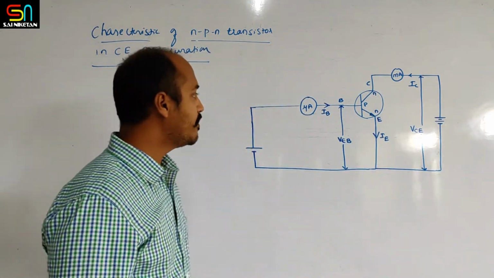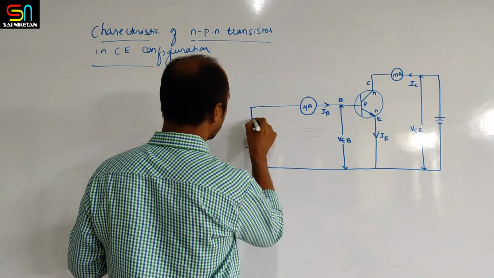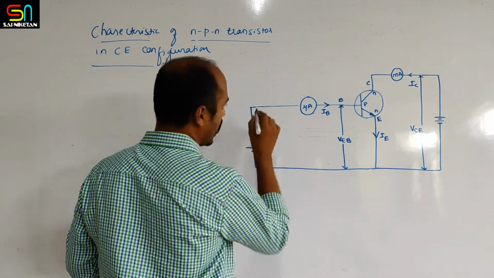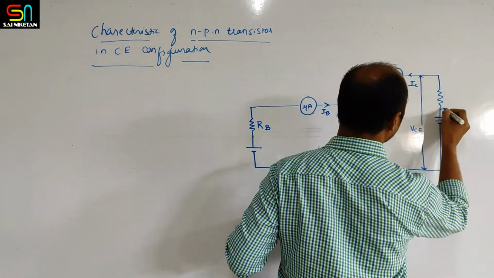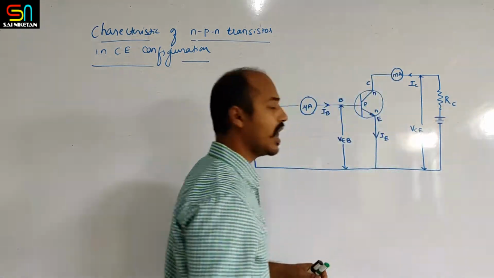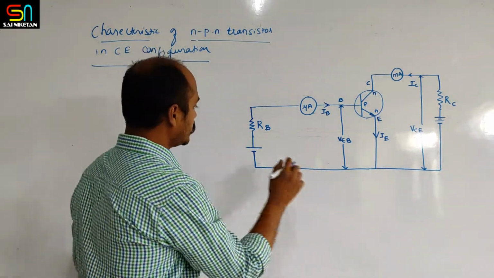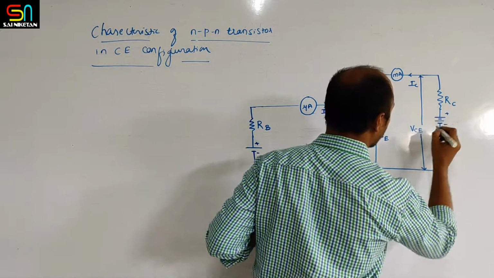To avoid damage of this transistor, we have to fix a resistor at the input. This is called RB, and here we have to connect a resistor to avoid damage to the current, or you can say RL, the load resistance. Now this is positive and this is negative, and this is positive and this is negative.